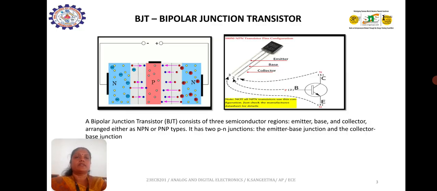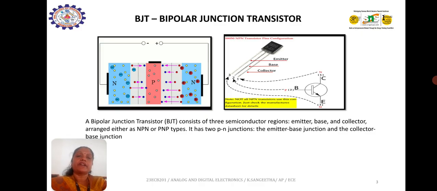They require an external power supply for their use. The transistor is the bipolar junction transistor. In the name itself we can say bipolar, by two polar junctions. The types of transistors are NPN and PNP. It consists of two junctions.